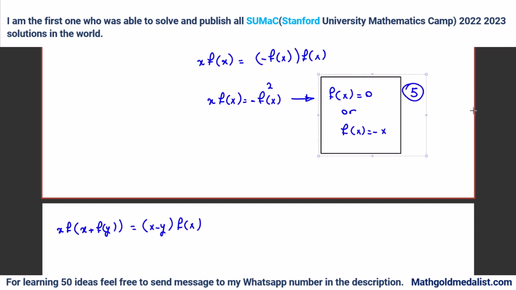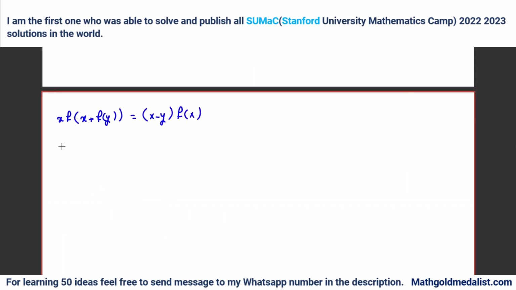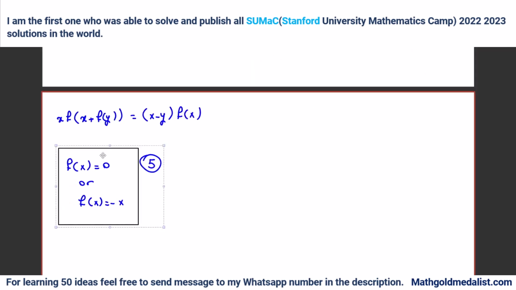So we know if all f's equal to 0, then it is okay, right? So case 1, if for all x, f of x is 0, it satisfies because 0 is equal to 0. And case 2, if for all x, f of x is equal to negative x, we want to see, does it satisfy or not?